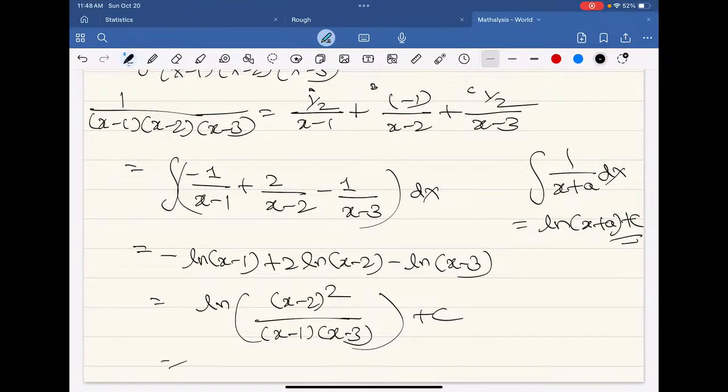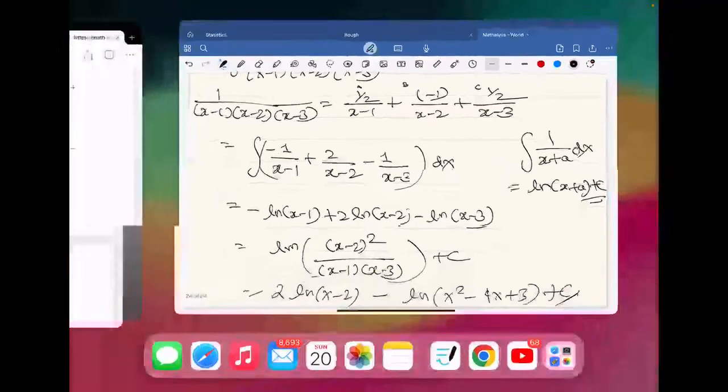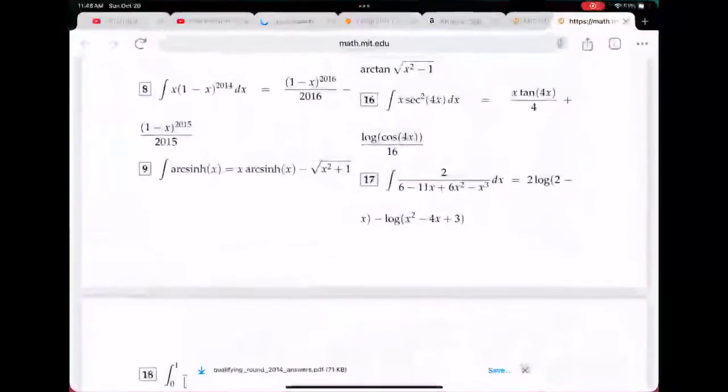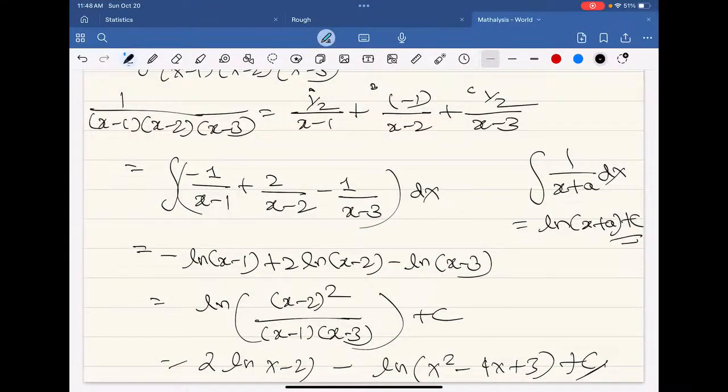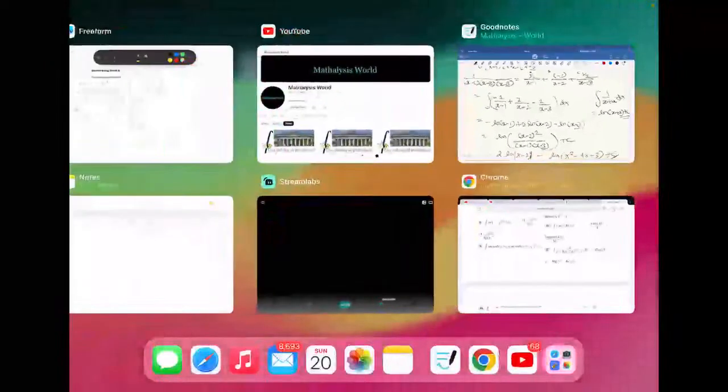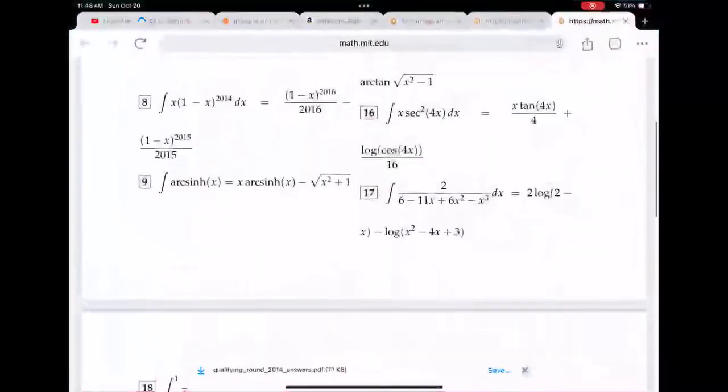I can write this as 2 times log x minus 2, because the power goes to front, minus, if you multiply them, x square minus 4x plus 3, plus c. So let's check it. It's 2 log x minus 2, it's 2 minus x over here, but since we definitely have modulus in log, that won't really matter. Okay, 2.